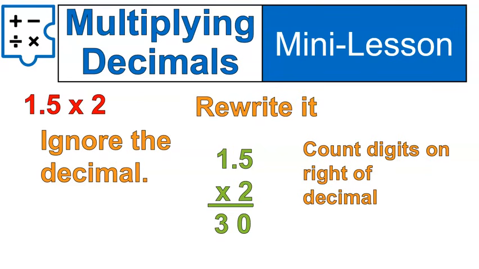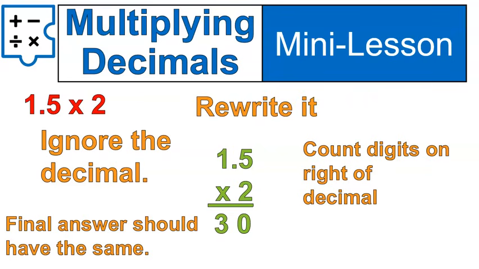We count how many digits are on the right of the decimal. There's 1. So in my final answer, I'm going to have 1 digit on the right of the decimal. That means my decimal goes right here, and the digit on the right of the decimal is the 0. So the answer to this 1.5 times 2 is 3.0, or in other words, 3.